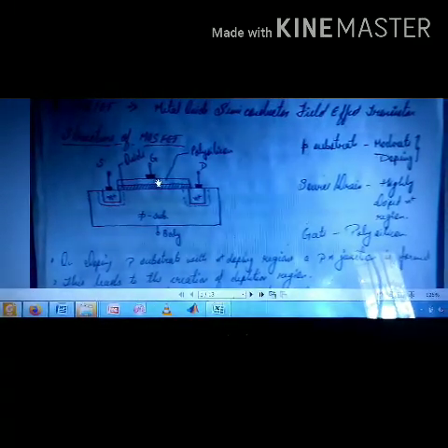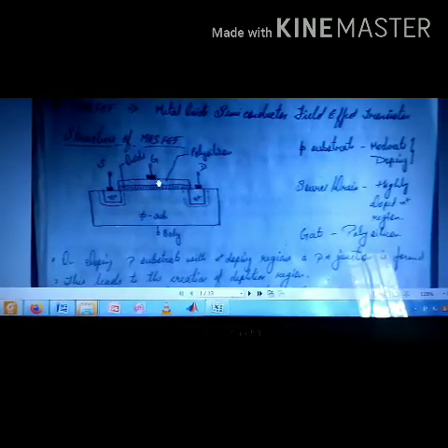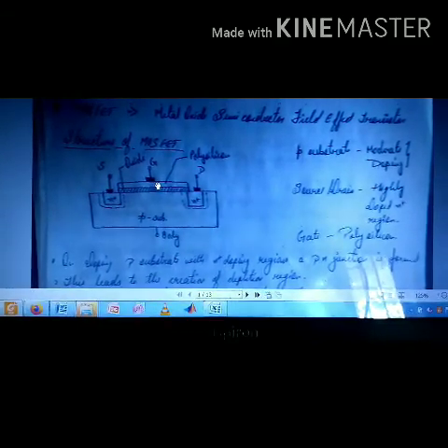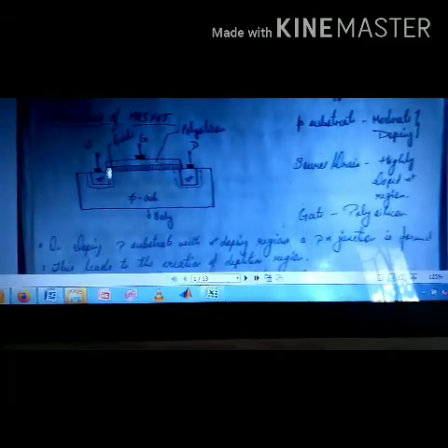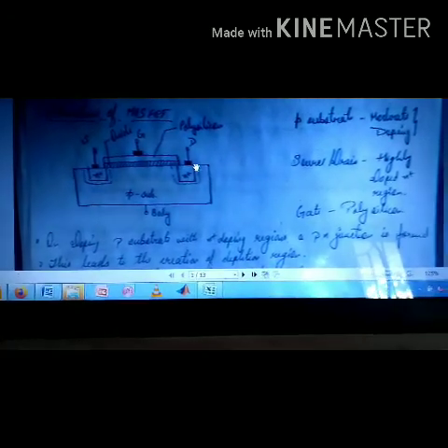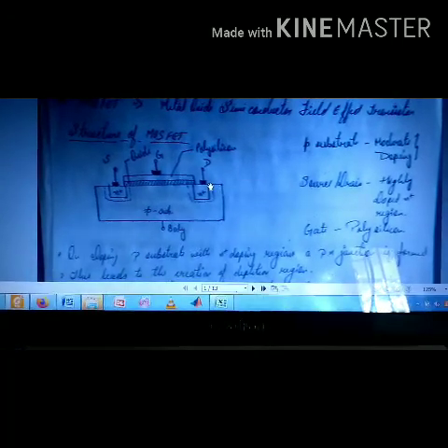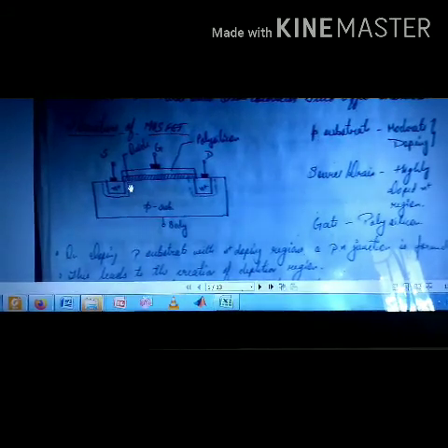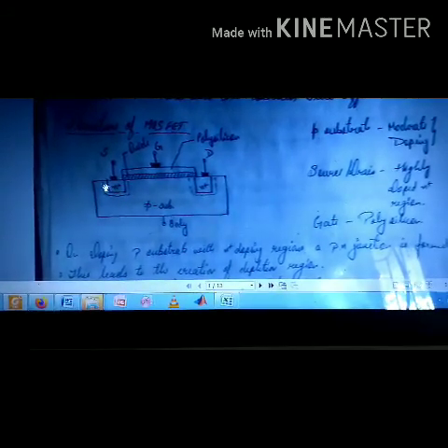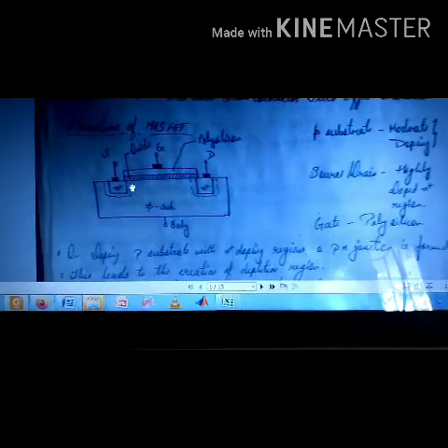Basic fabrication you must have studied in your VLSI course. Let's just quickly review it. We have a P body and we dope two N positive regions on the P substrate. These two regions also form a PN junction, so there will be an N region, a P region, and what is the layer between them?